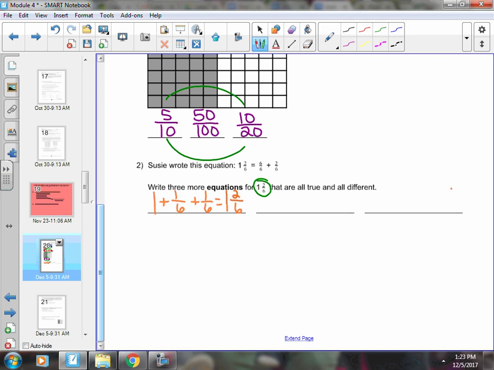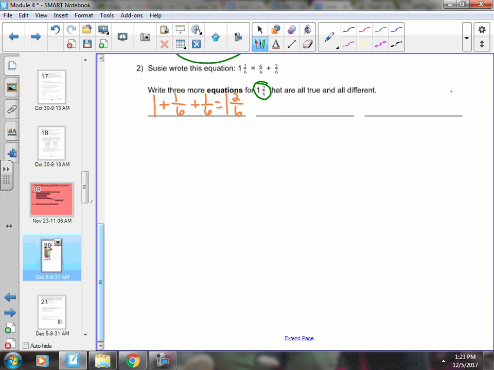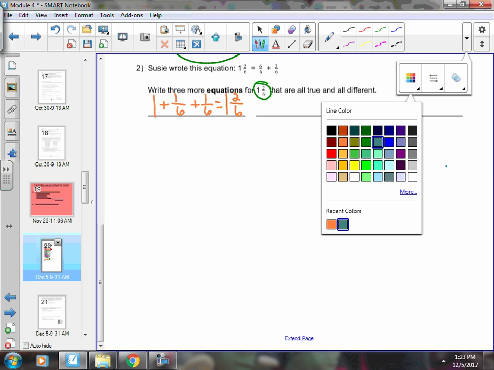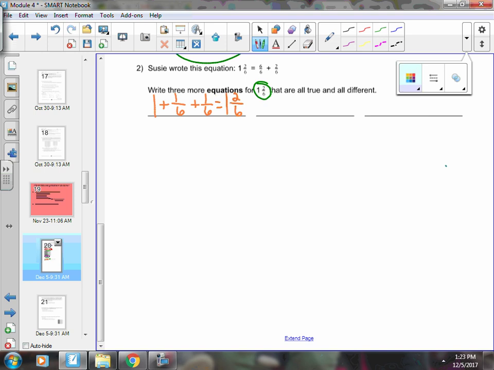Another equation, how about a subtraction problem for this one? What if I did 1 3/6 minus 1/6? That equals 1 2/6. And another way to get 1 2/6, how about 3/6 plus 3/6?